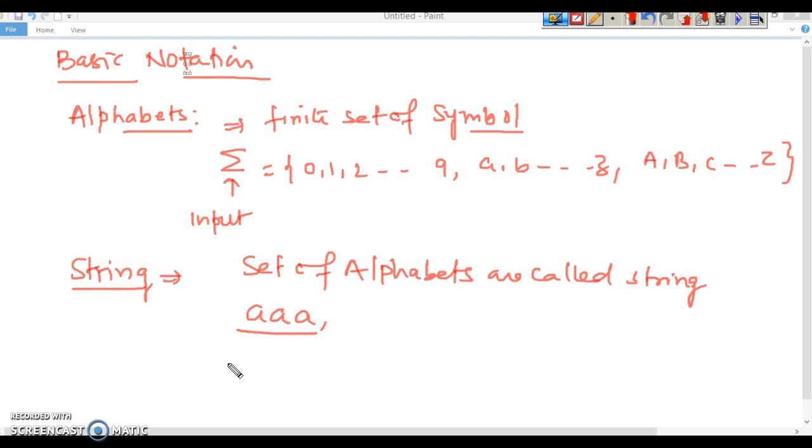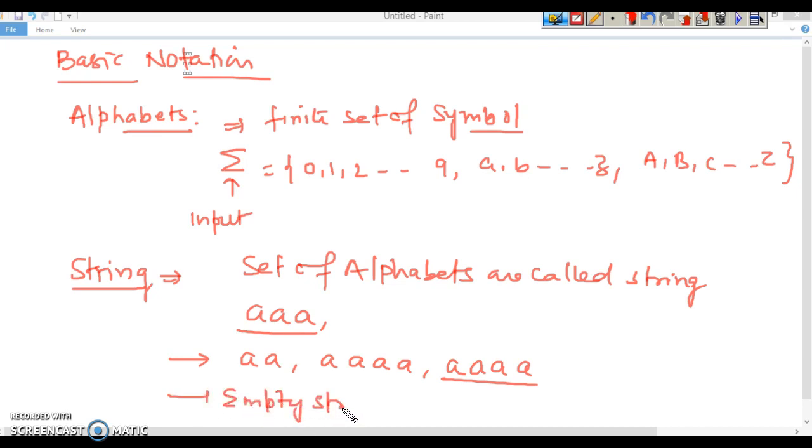If any machine is accepting an even number of A's, then 2 A's, 4 A's, 6 A's are all your strings. The empty string, which means nothing is accepted, is represented as epsilon. This is an important thing to keep in mind.